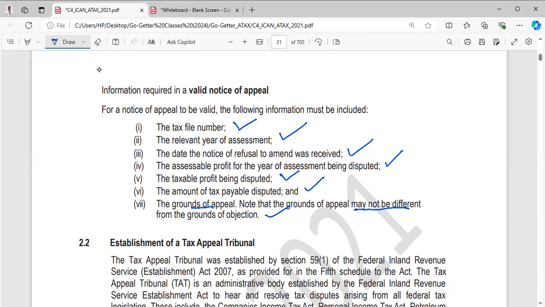So they give you a notice of assessment, which you will have within 60 days to make payment. Within that 60 days, you have 30 days to object. So the taxpayer writes a notice of objection within 30 days if it's aggrieved.